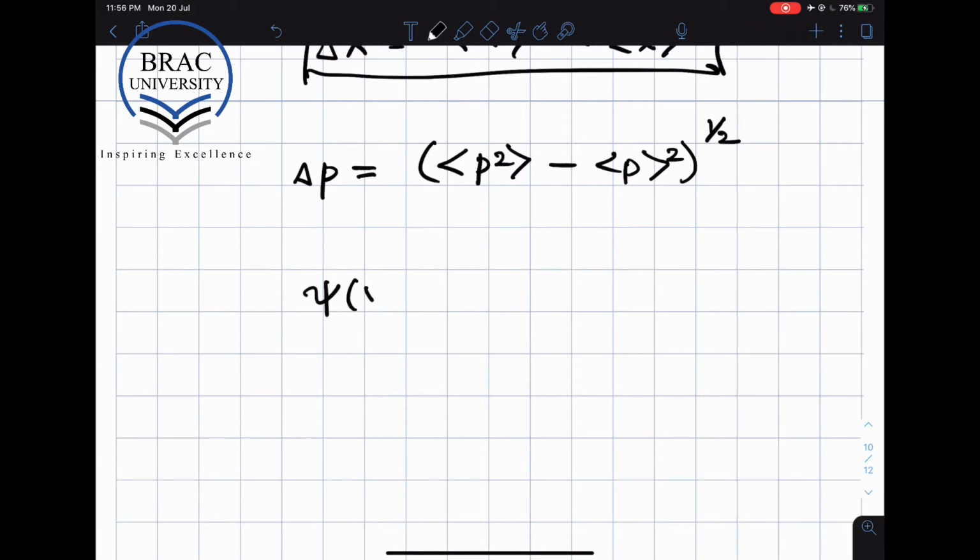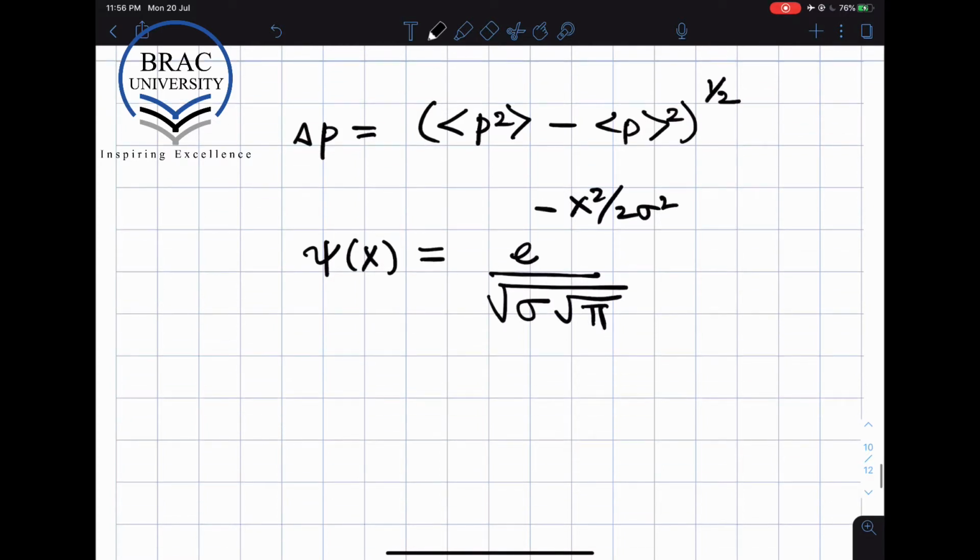So we can take a wave function at some given time, with x squared over 2 sigma squared in the exponent, divided by this. And now if I compute the uncertainty in the position of this wave function, we'll find that it's given by sigma over square root of 2.